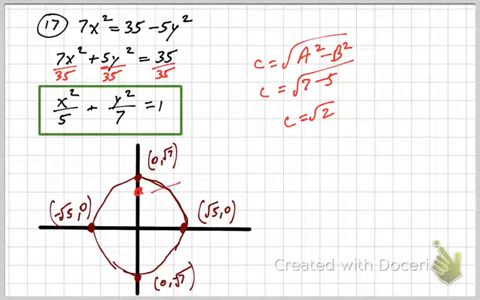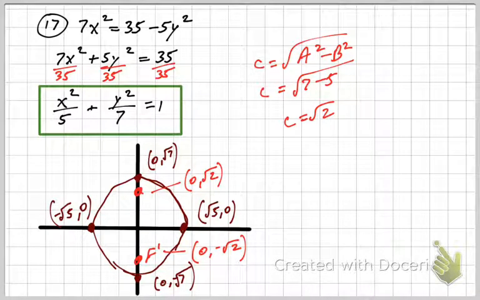Shouldn't it be on these axes? Oh, Mr. Schultz, shouldn't it be 5 minus 7? You can't take the square root of a negative, so you can switch the A and B? Yes. My mistake was I had it on the wrong axis, because it has to be on the longer axis, right? Anyway, number 17's all right. It's probably not the best example to start with.